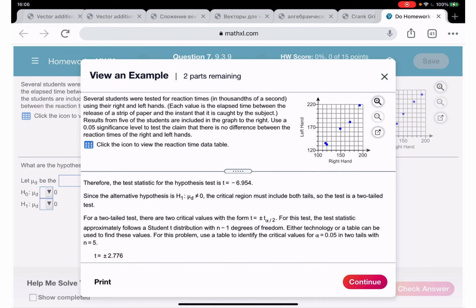Therefore, we are going to reject our null hypothesis at alpha equals 0.05. From here we can say that there is not sufficient evidence to reject the claim that there is no difference between reaction times of right hands and left hands. All right.